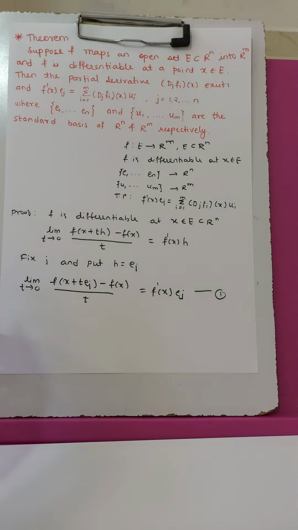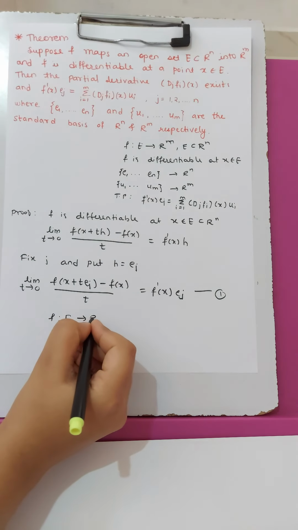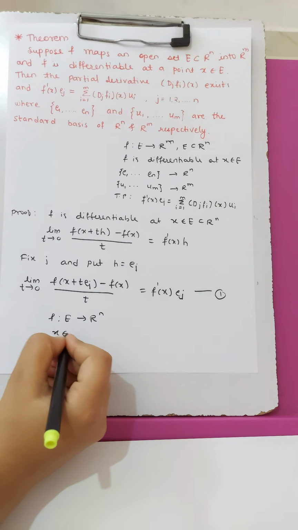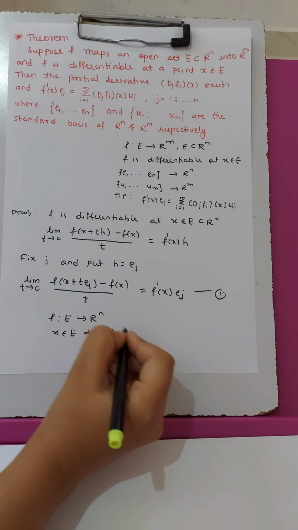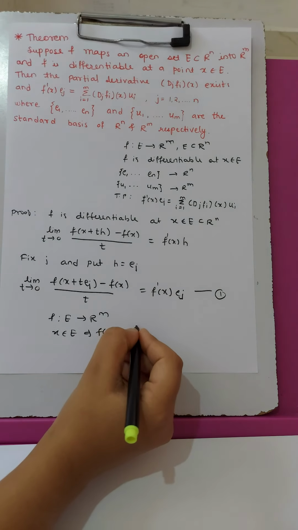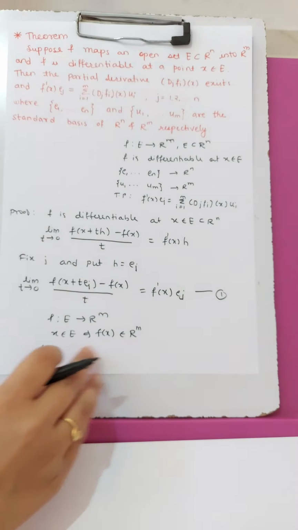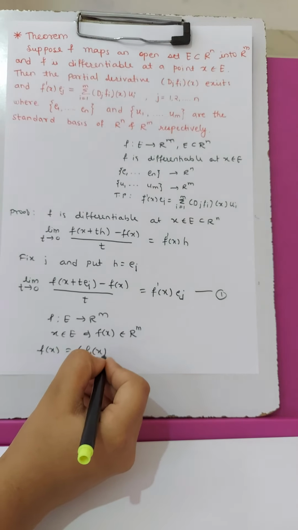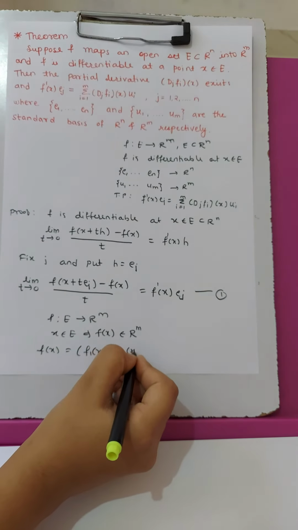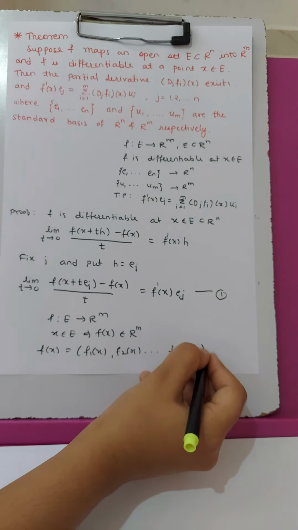Now we know that since f is a mapping from E to Rm, therefore for x belongs to E implies that f of x belongs to Rm, and also this f of x is a vector of Rm and can be expressed as f1 of x, f2 of x up to so on fm of x.